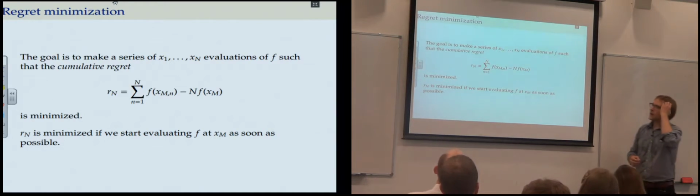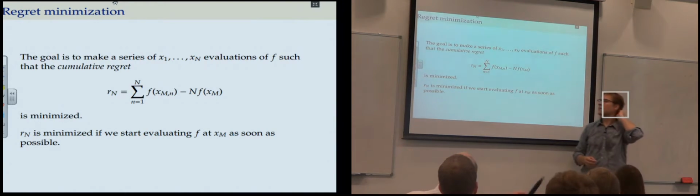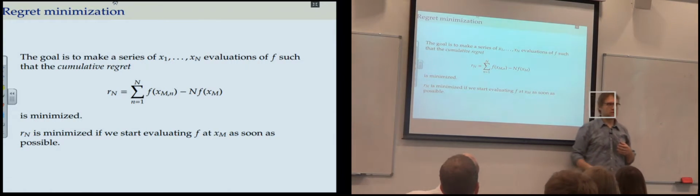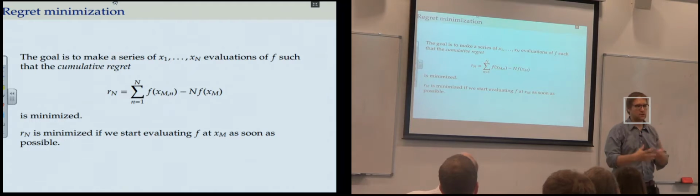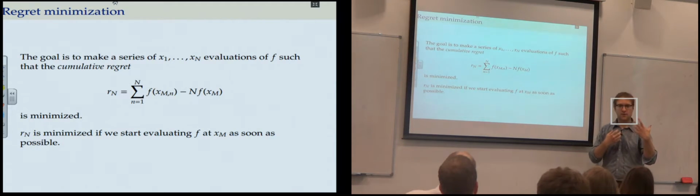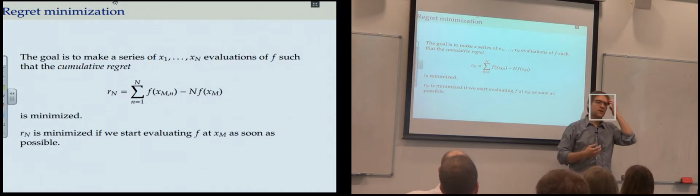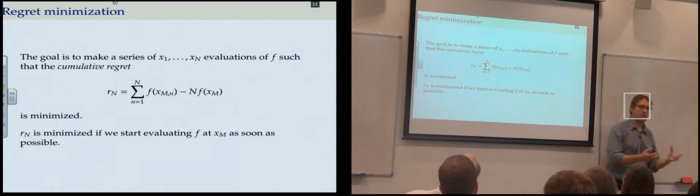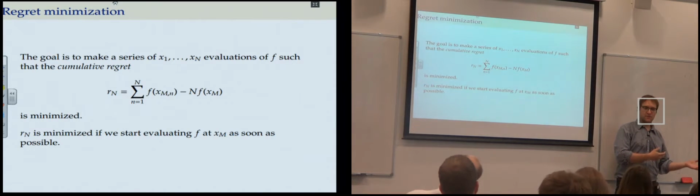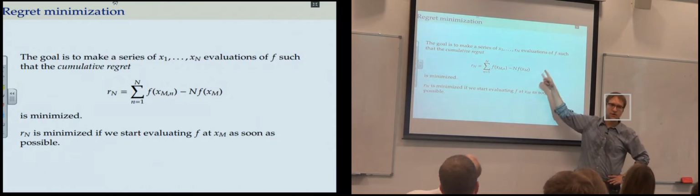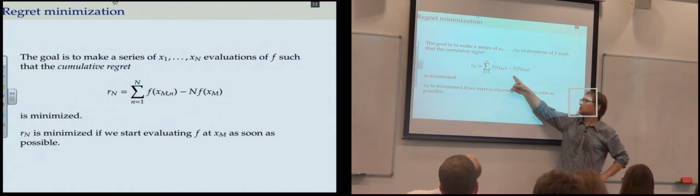So you can think, okay, I don't know my f, but I can define a quantity like this. That is the standard quantity used to evaluate how good a Bayesian optimization algorithm is in theory. This is the regret. I'm going to change my problem of finding the optimum of my function that we had at the beginning into a problem of making a series of evaluations of a function that minimizes this cumulative regret.